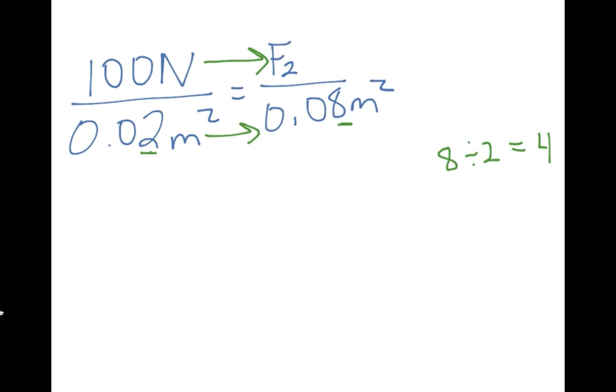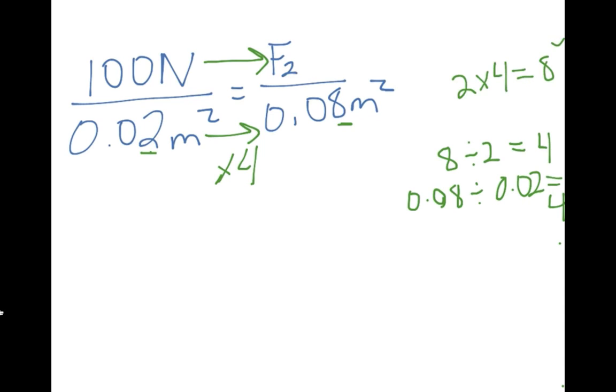If I add in my decimals, again, that doesn't change it. 0.08 divided by 0.02 is still 4. That works out. So that means from 0.02, I need to times by 4 to get 0.08, right? 2 times 4 equals 8.